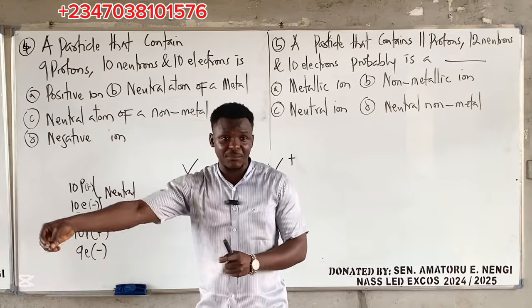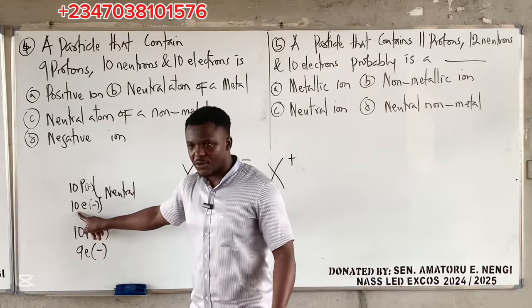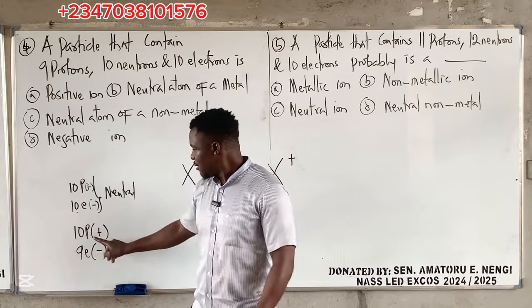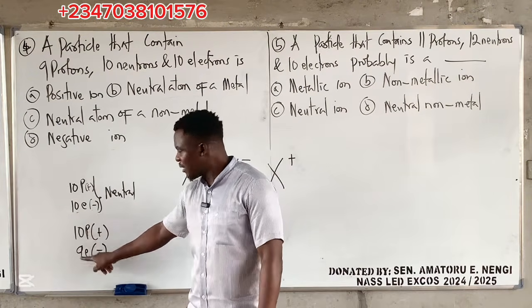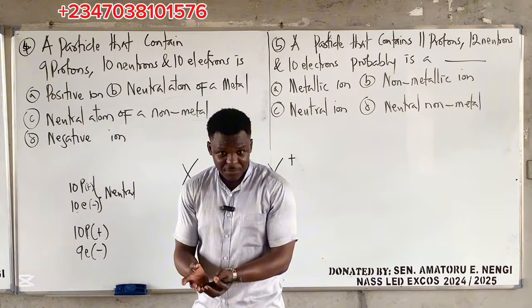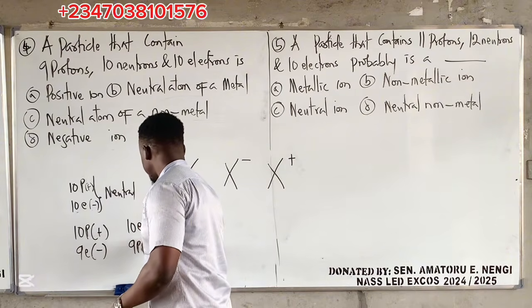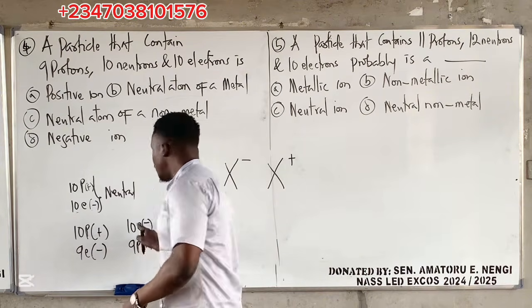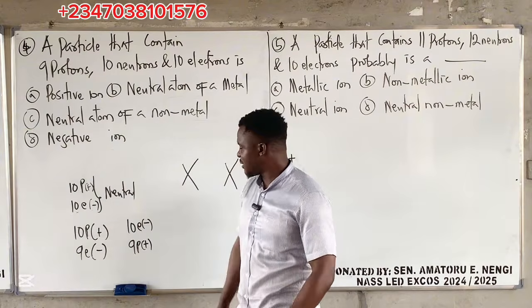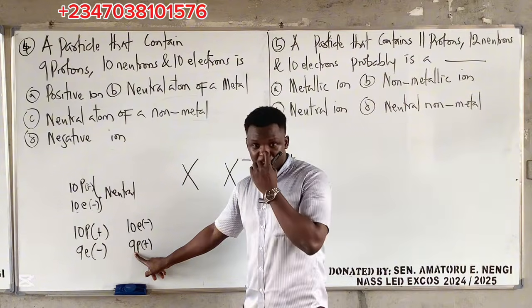By the number of charge, by the difference in their subtraction. 10 minus 10 is 0, neutral. 10 plus, proton is already greater than electron, so this guy will be positively charged overall, right? If we had 10 electrons and 9 protons, what do you think this guy would be? Is he negatively charged or positively charged? Because electron is greater than proton, is it not so? Do you understand?